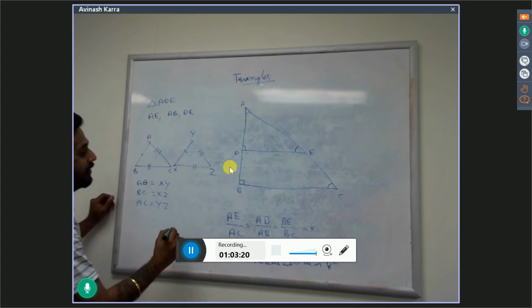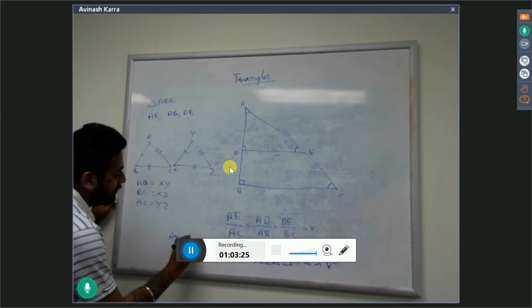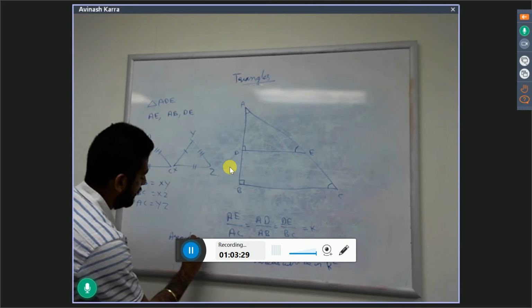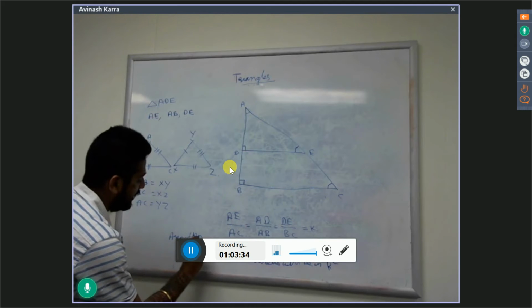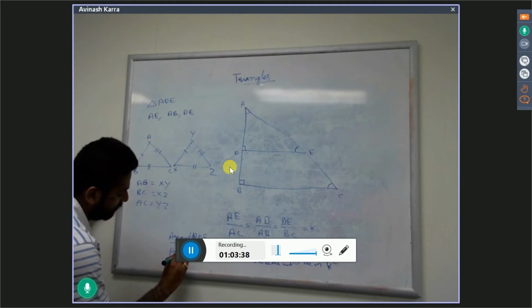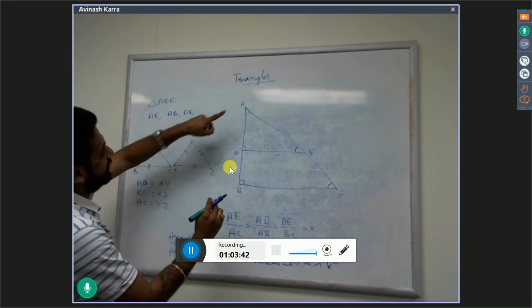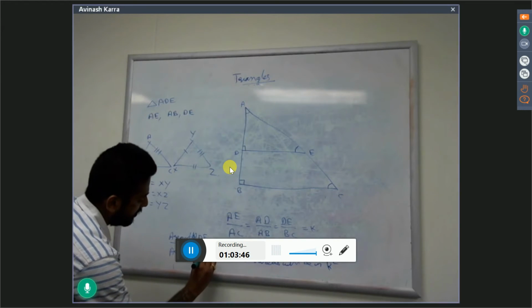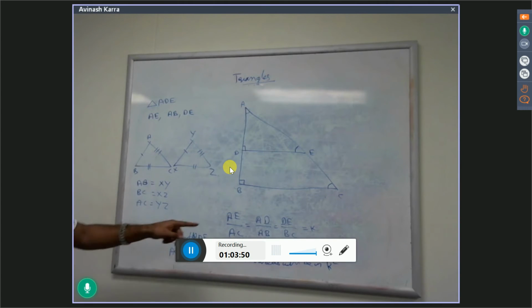For example, area of triangle ADE by area of triangle ABC is equal to this.